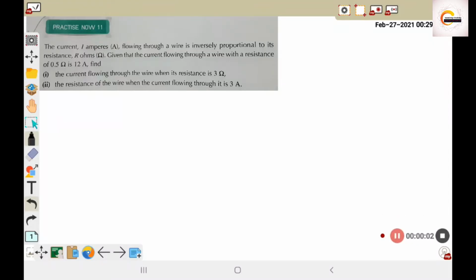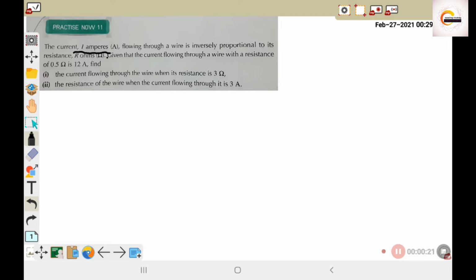Okay, so practice question number 11. Current I in amperes A flowing through a wire is inversely proportional to the resistance in ohms.